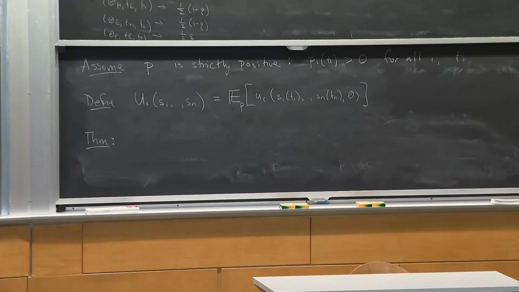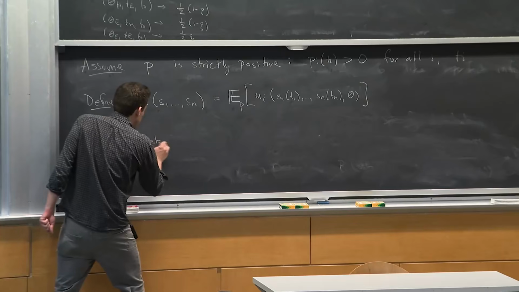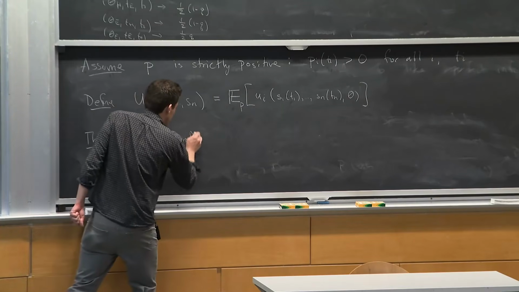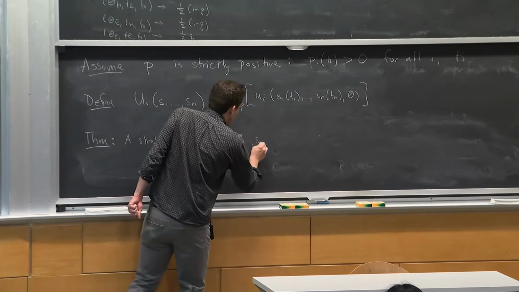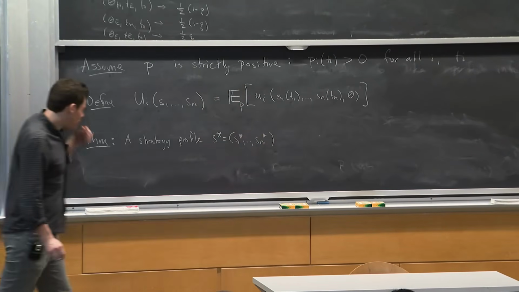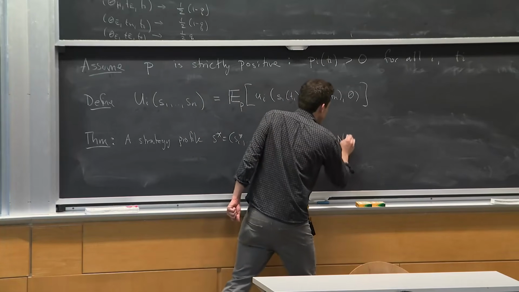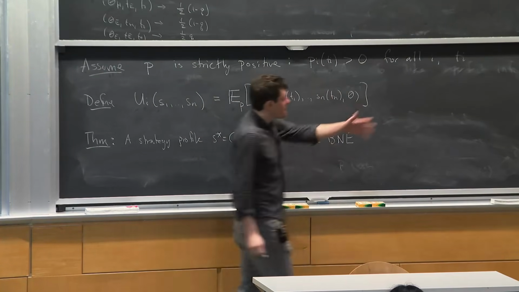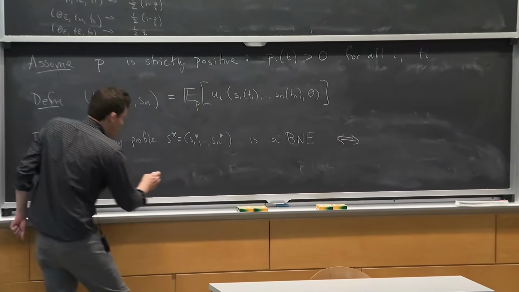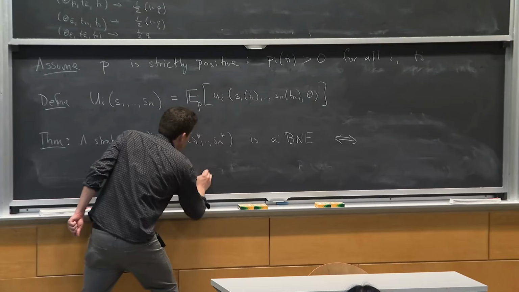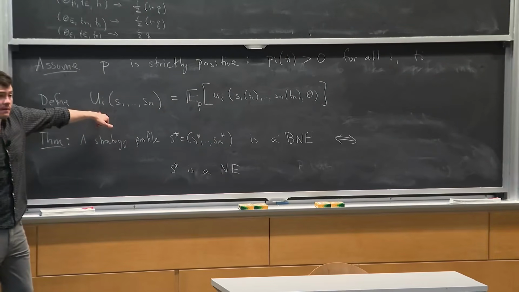But we say that a strategy profile s* equals s_1* to s_n* is a Bayes-Nash equilibrium of the Bayesian game if and only if s* is a Nash equilibrium of the strategic form game defined here.